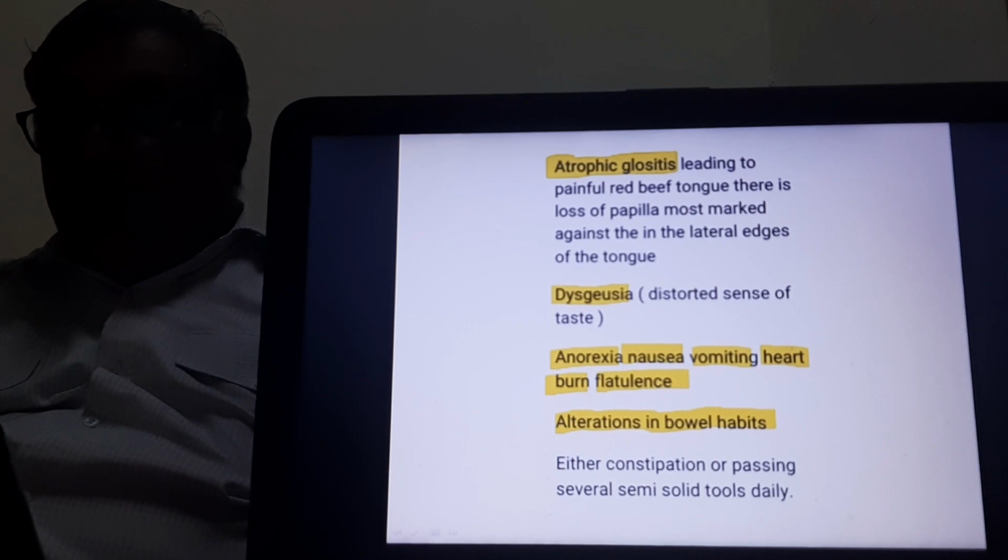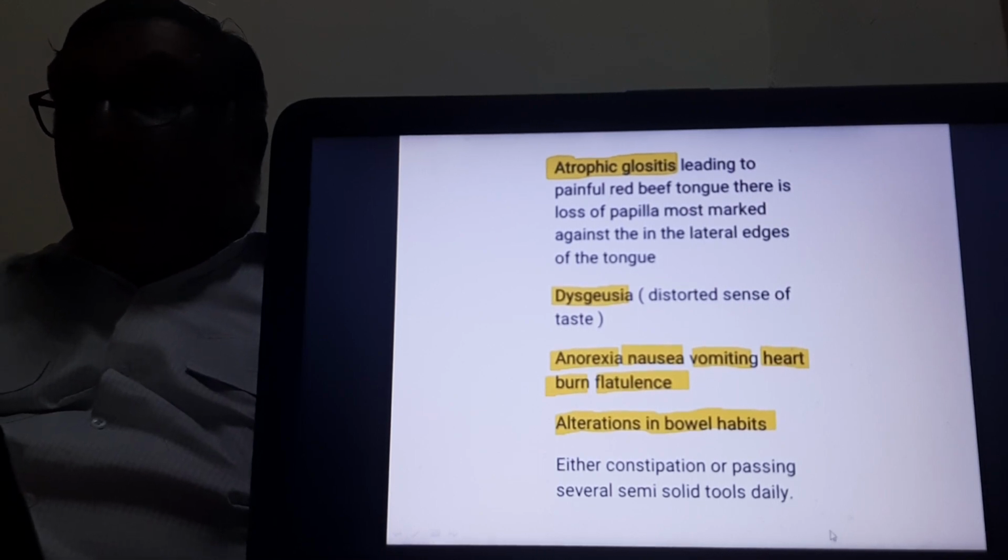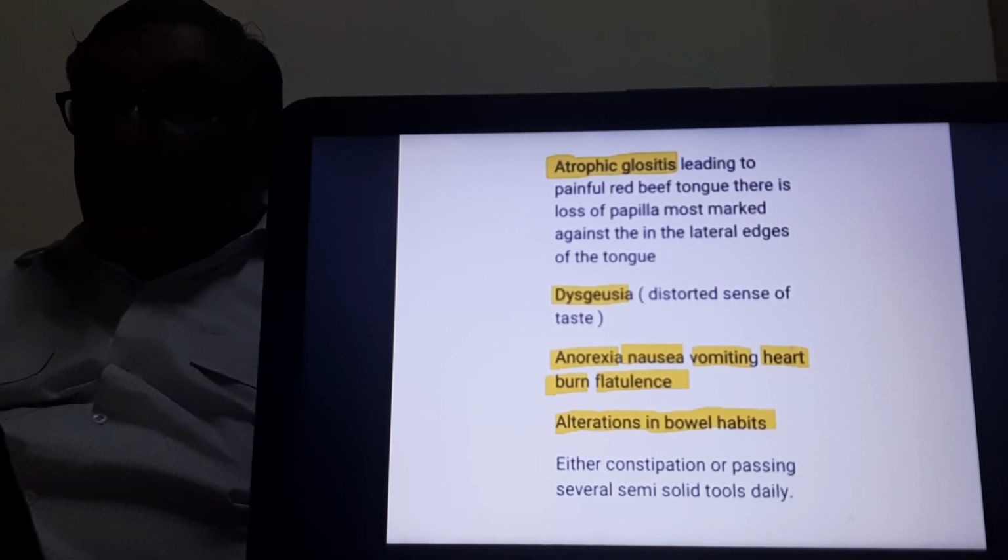Either there can be constipation or the patient may pass several semi-solid stools per day.